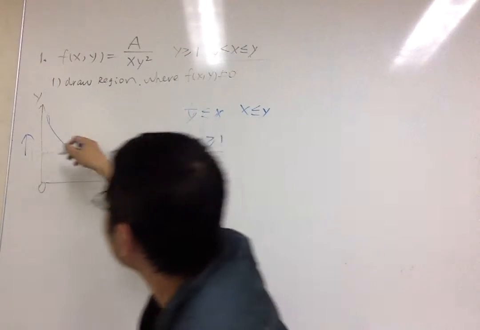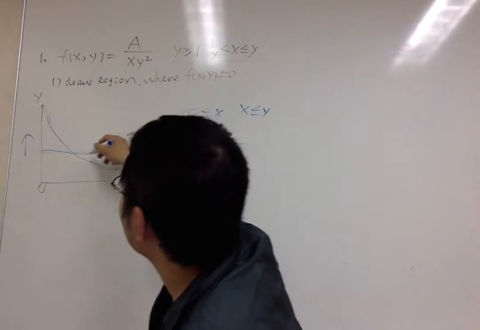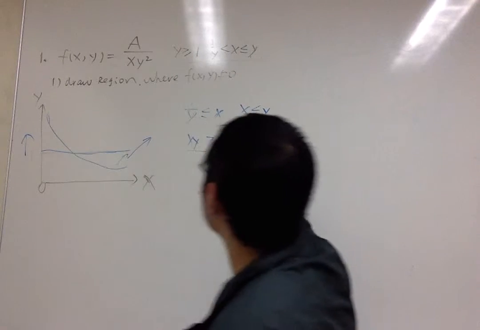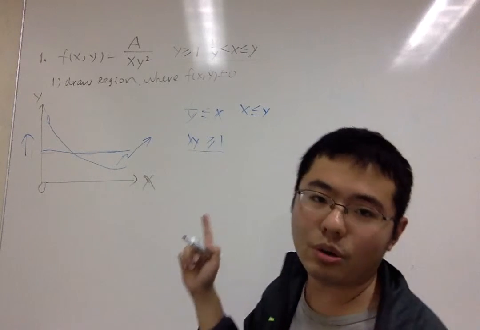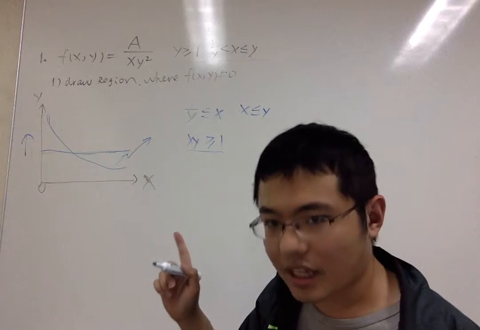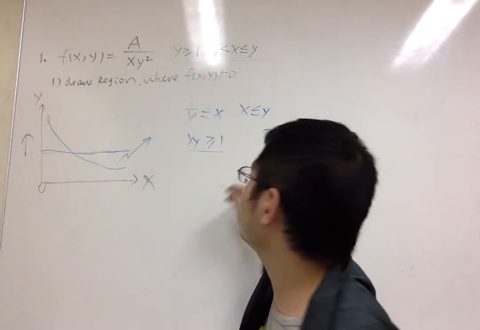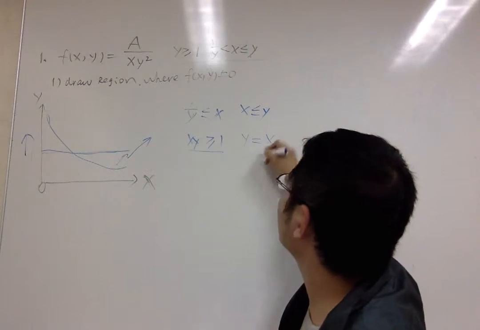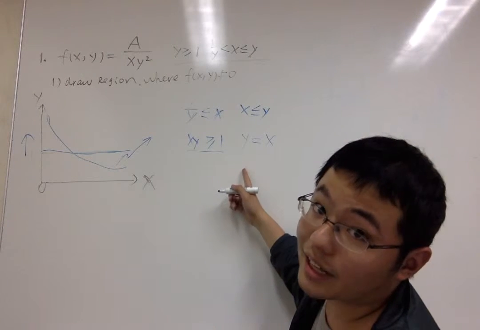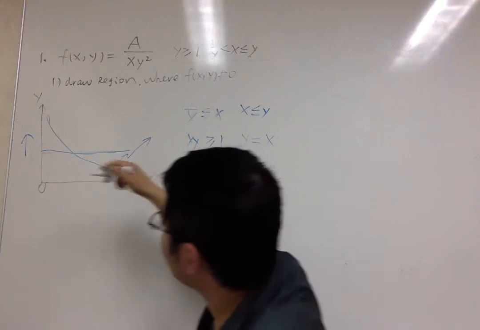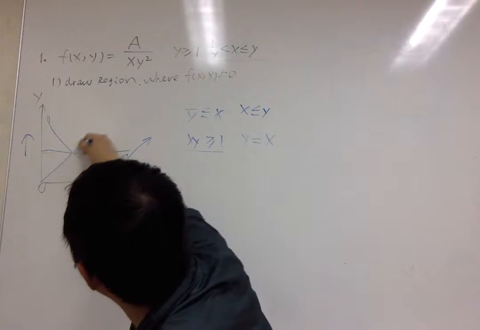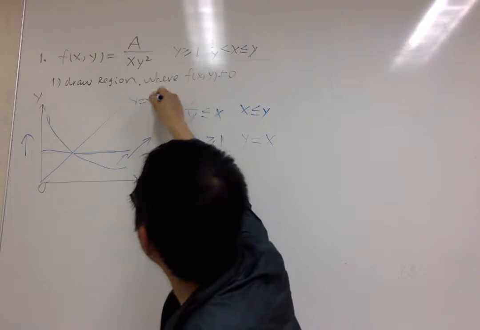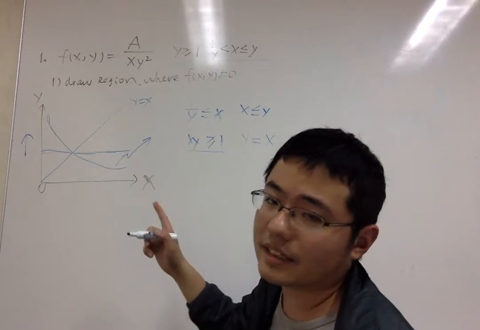Okay. So we have two areas and an intersection. The third one, x is smaller than y. So we could simply draw the curve when y is x. It's gonna be like this. Well, y equals x.